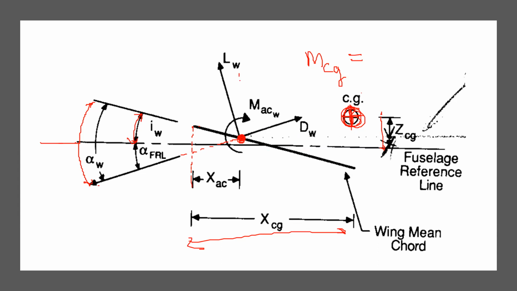So what you do is you decompose the forces. One component of lift is here. The other component is here. Same goes for the drag. One component of drag is here. The other component is like this, right? And then this is your point.